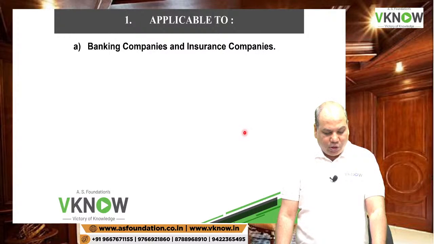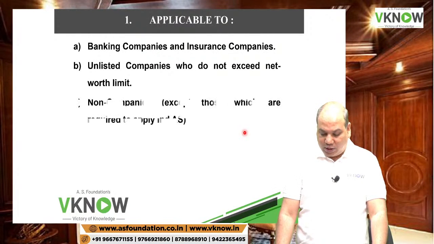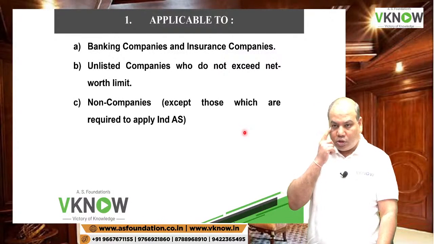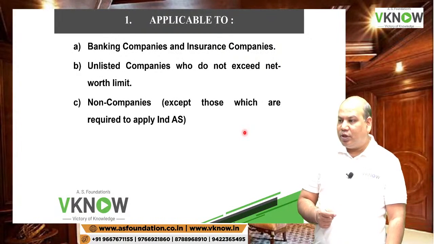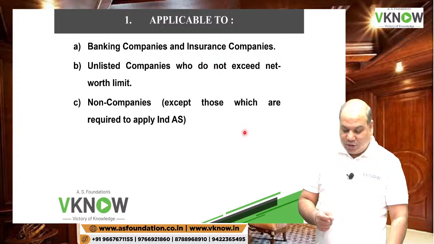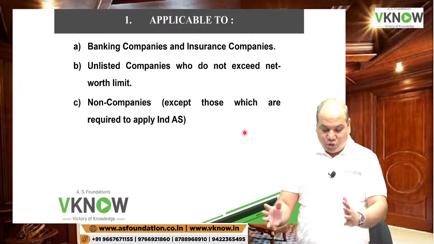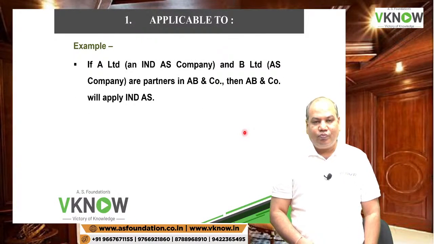Which means right now in India, accounting standards will be followed by which companies? Banking and insurance, unlisted companies which do not exceed the net worth criteria of 250 crore, and then non-corporates. But if a non-corporate like a partnership firm or LLP has an investor or parent company that follows Ind AS, then these non-corporates like partnerships and LLPs will also follow Ind AS.